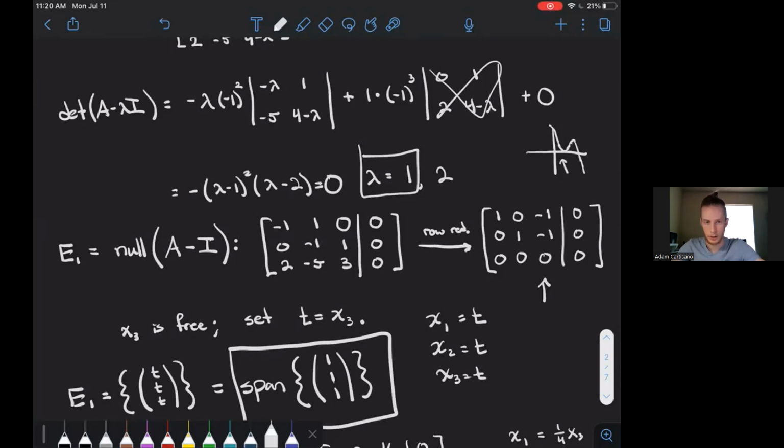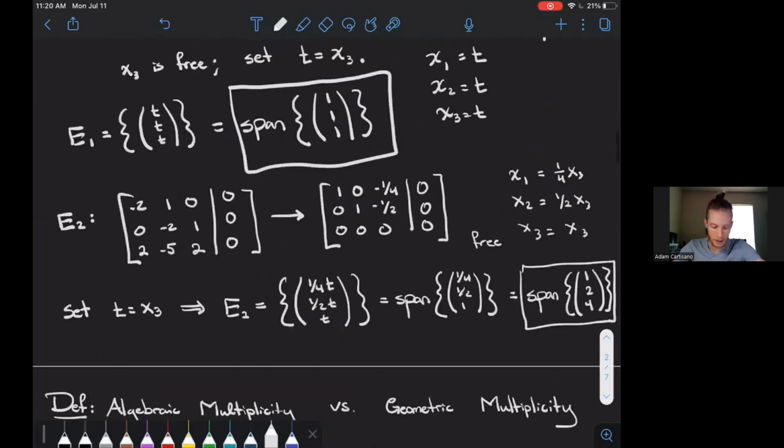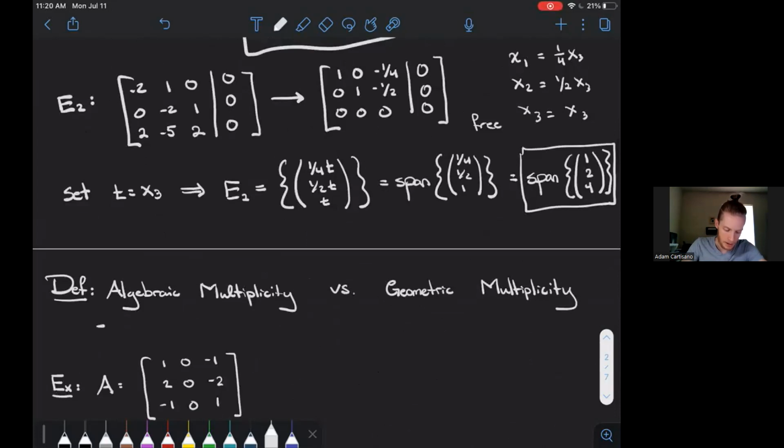It was called multiplicity, a multiple root, but specifically an algebraic multiplicity. So algebraic multiplicity is the multiplicity of a root of the characteristic polynomial.